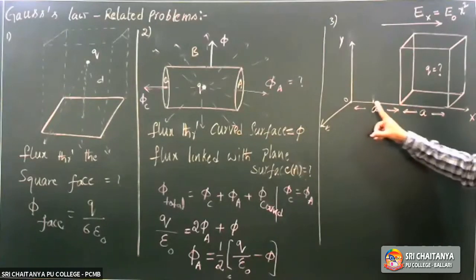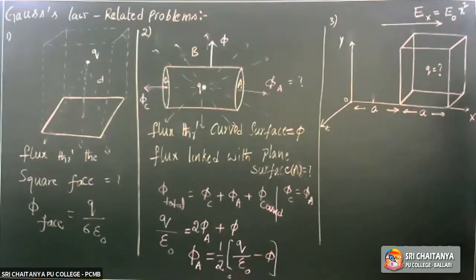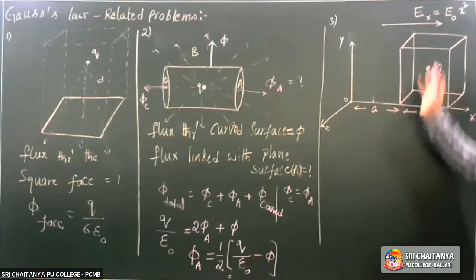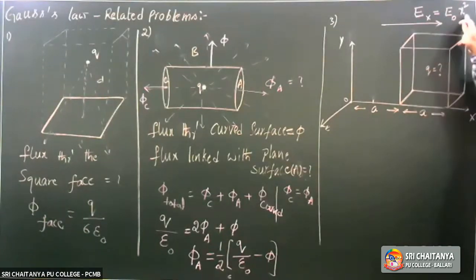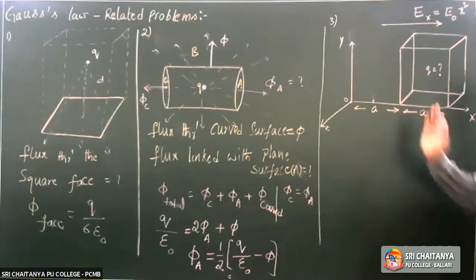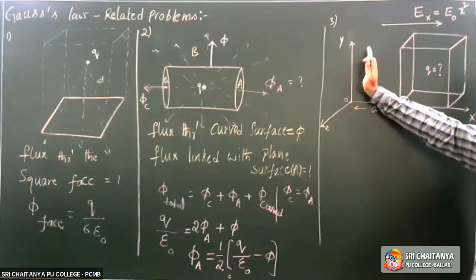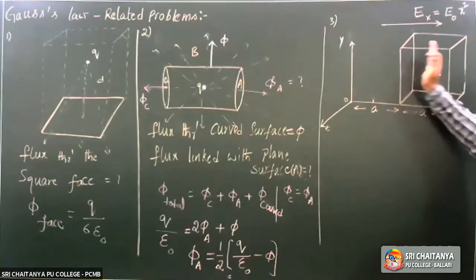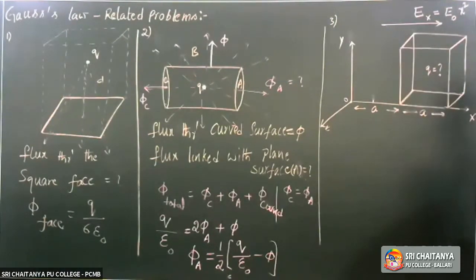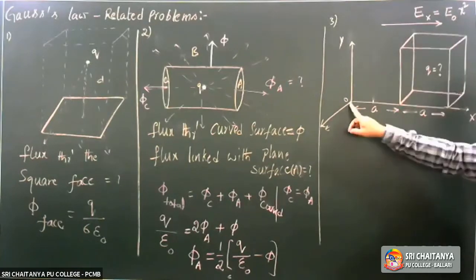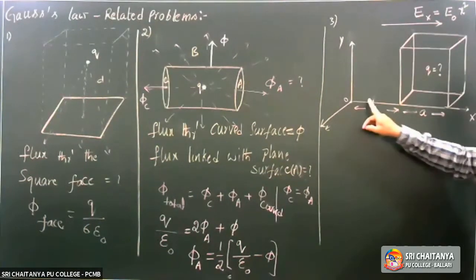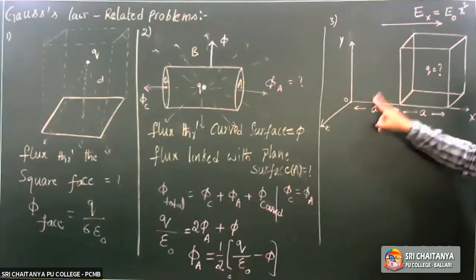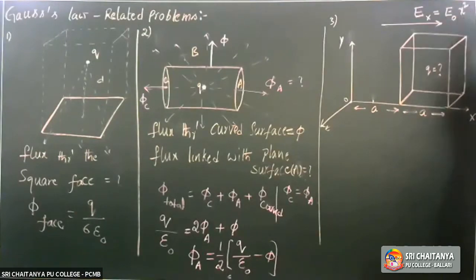As we move from the origin, it varies as E naught x square. So the electric field here is different from the field here, because when I come from the origin, the distance is something, and the field is E naught into that distance square.